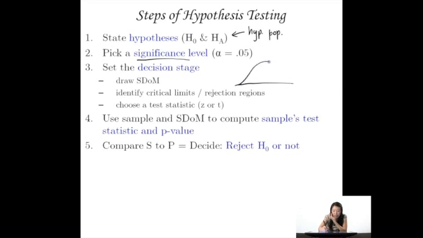So here's my SDOM. And you want to identify the extreme regions where you say, if your X bar is somewhere out here, right, then you want to reject the null. You want to say it's very, very unlikely to have come from this null population. And then you choose a test statistic because the test statistic will tell you how far out from the mean it is in terms of standard error, right?